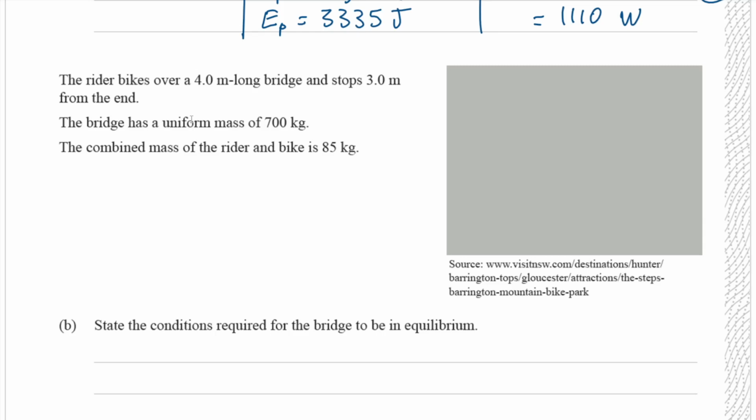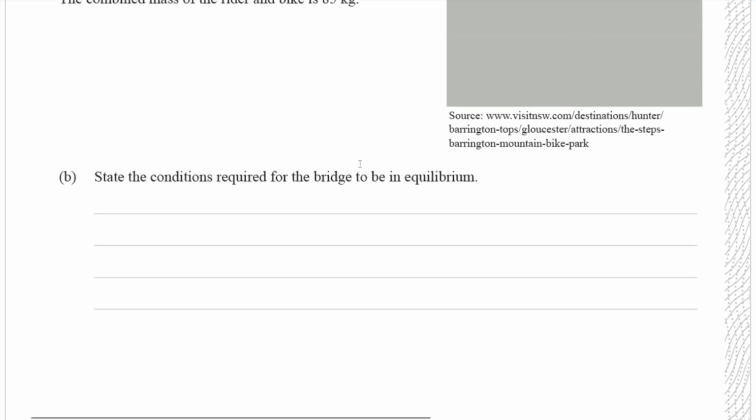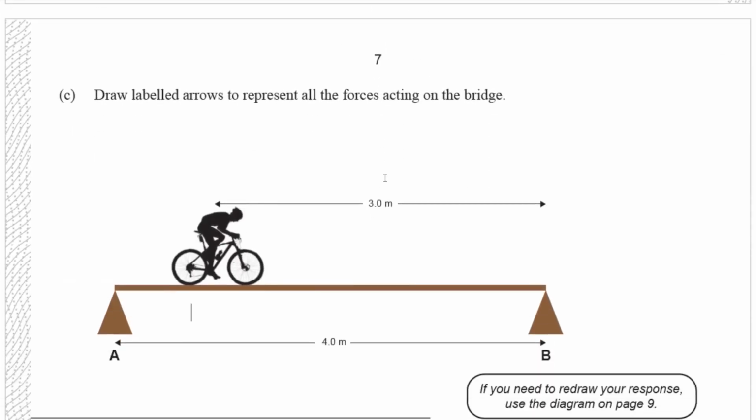So, equilibrium. That just means the bridge isn't rotating about any pivot points, and it's not accelerating in any direction. And I guess in this case we would be assuming it's static, so it's not moving at all.